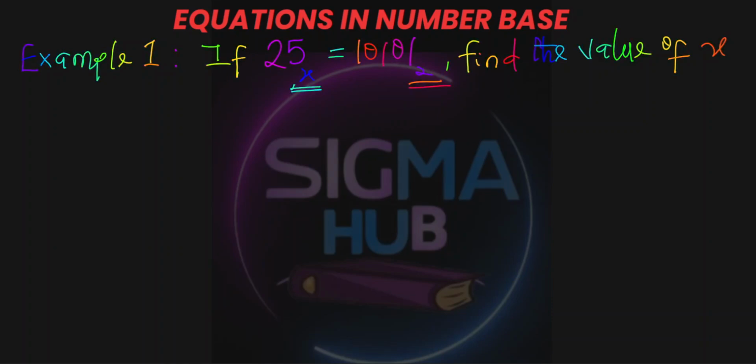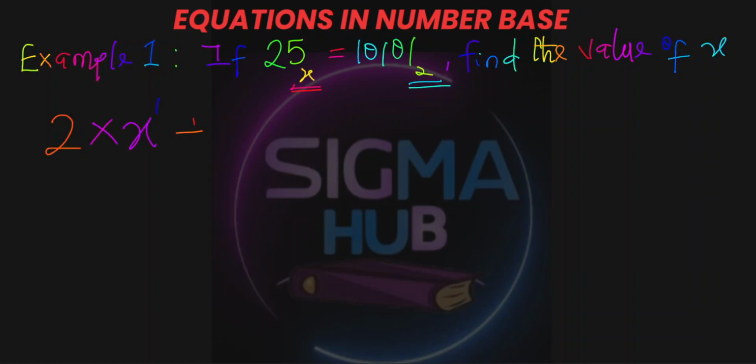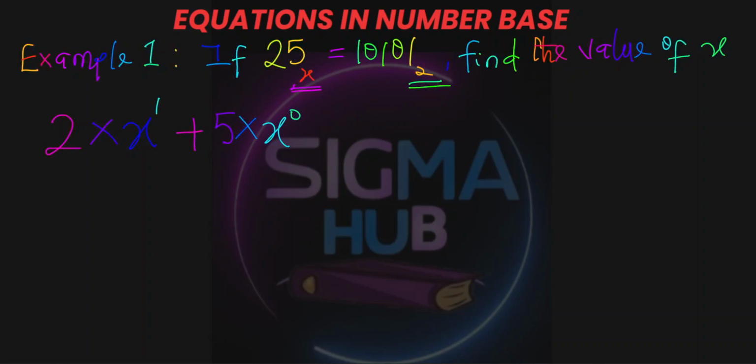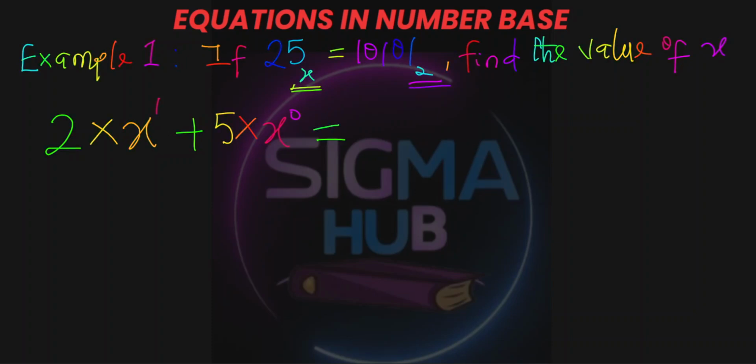Now to convert base x to base 10, we have 2 times x raised to power 1. I believe you know how to do that already because we multiply by the base given to us. Then plus 5 times x raised to power 0. We also do the same thing to the one of base 2: we have 1, 0, 1, 0, 1, that's positions 0, 1, 2, 3, 4.